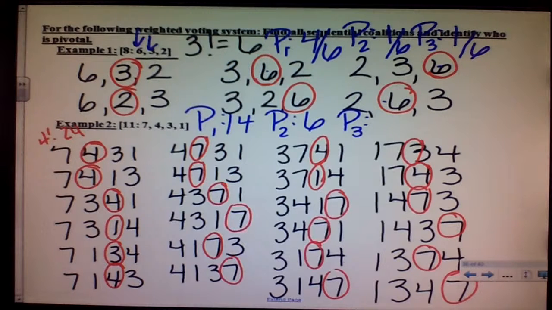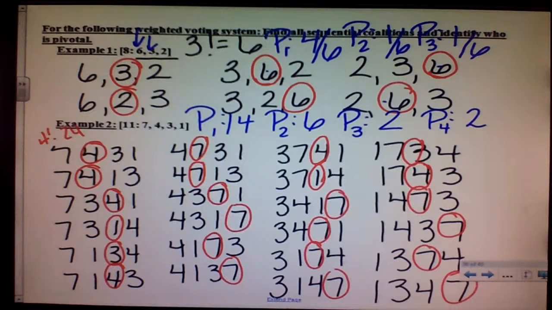Player 3, 1, 2, and player 4. Is it 1? Wait, hold on. It's 2. It's 1 to the 3 and 1 to this one. Yeah, 2. I thought it was just 1.